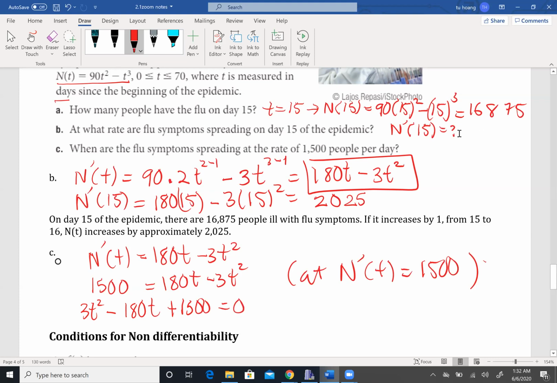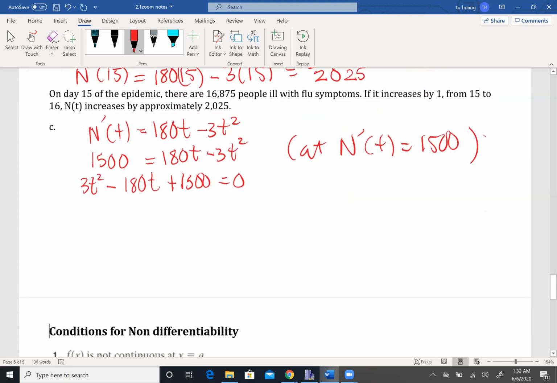Now let me divide both sides by 3. I will get t squared minus 60t plus 500 equal to 0. Okay, everything looks good.